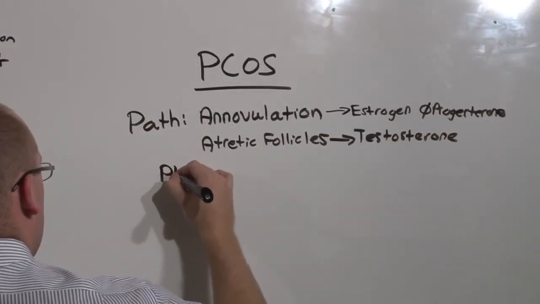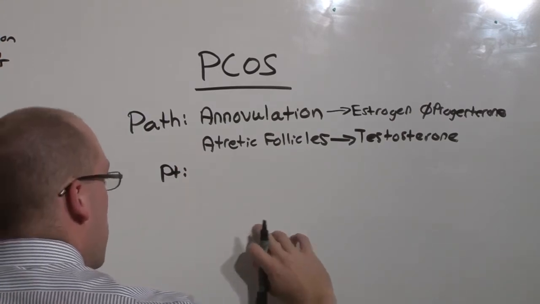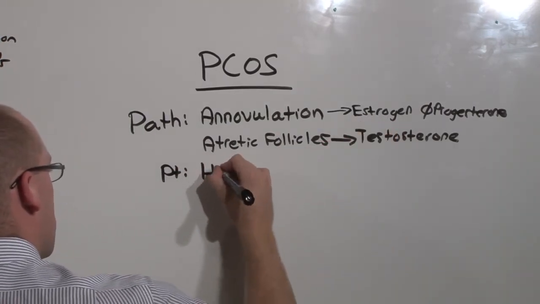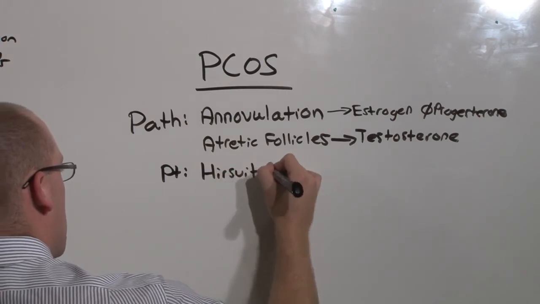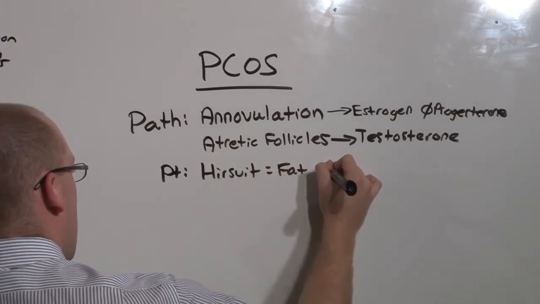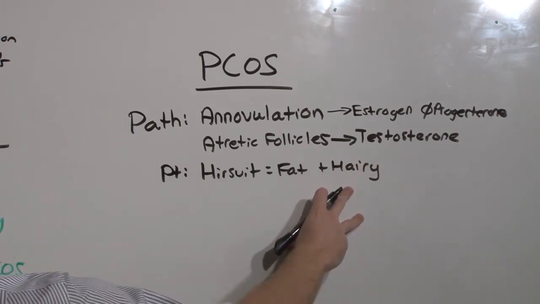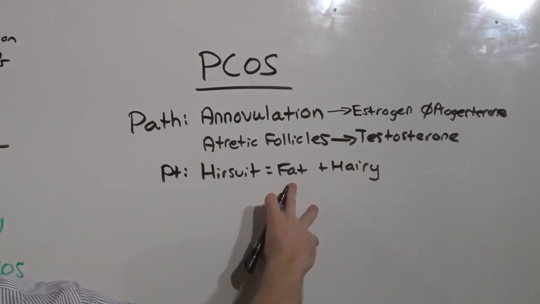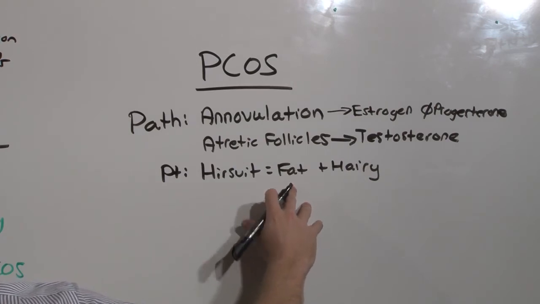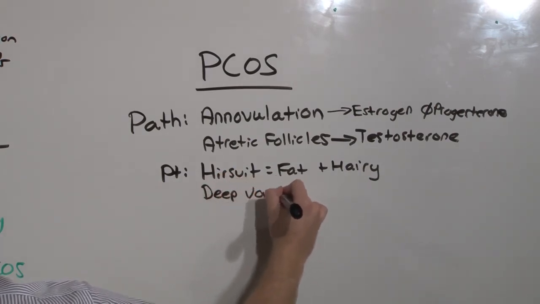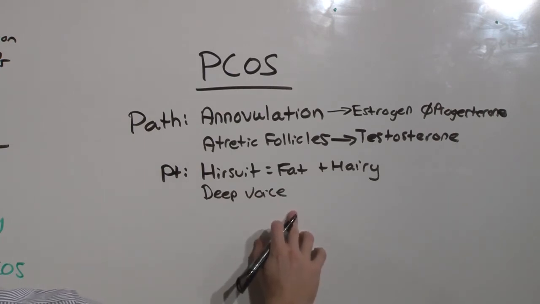The patient is going to be a product of all of this testosterone and all this estrogen. She's going to be hirsute, which basically means fat and hairy. She's going to have significant hair development, and she's going to be gaining weight. She may have a deep voice, although this is getting more into virilization.